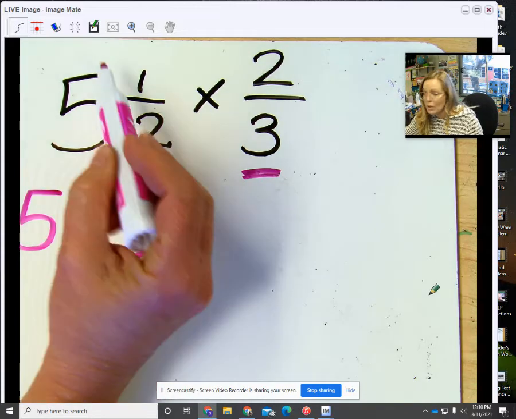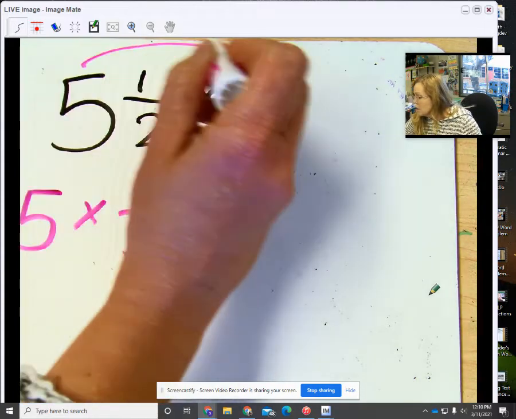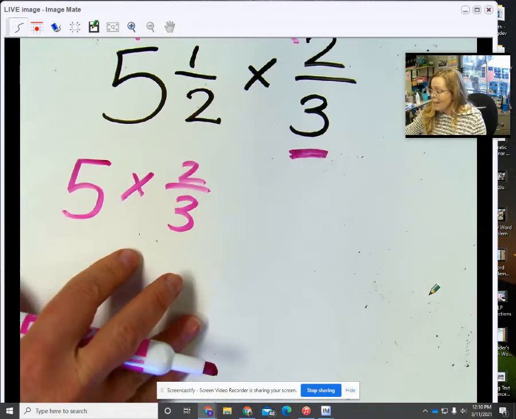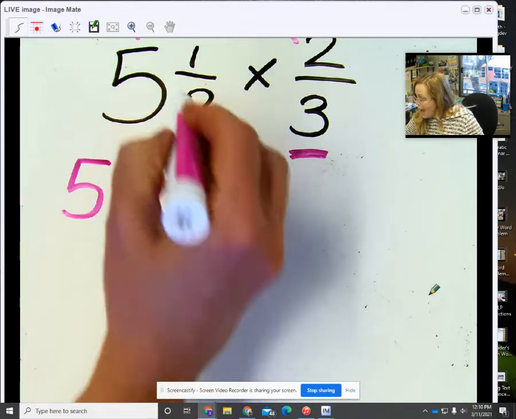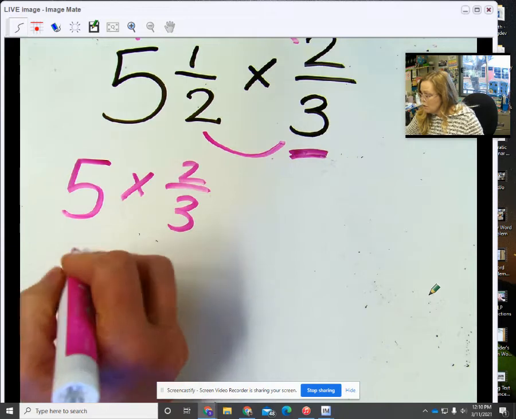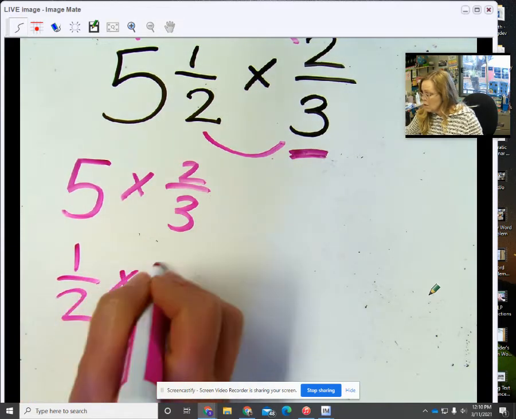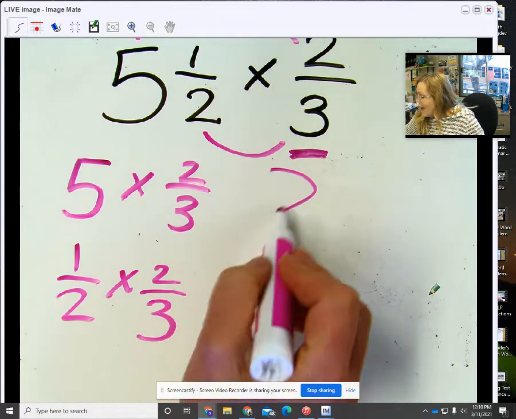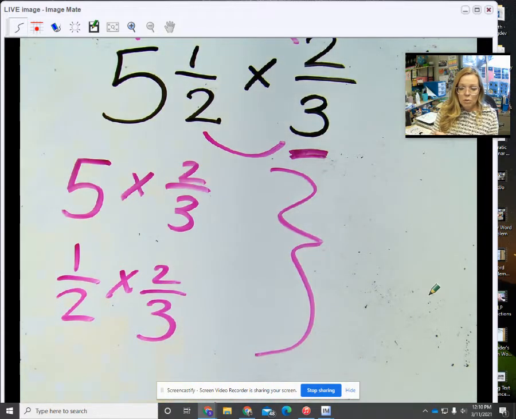So that means I'm doing the 5 whole number times the 2/3. And then I can also do the 1/2 times 2/3. And what I will need to do then is add those two sums together, okay?